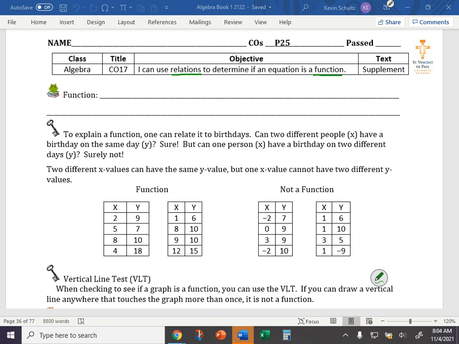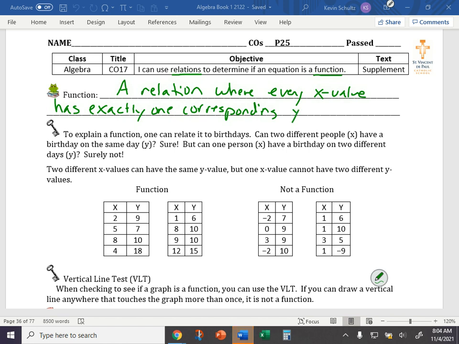But at its base, a function is a relation, right? So it's a table, segment, or line, or any collection of ordered pairs. There are others, but we're going to focus on those three right now. It's a relation where every x value has exactly one corresponding y value.